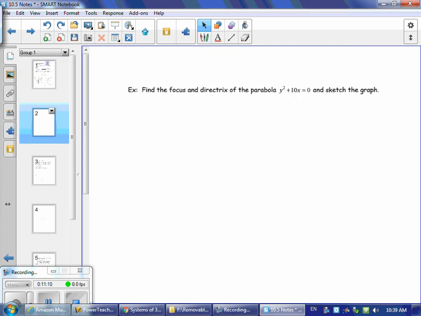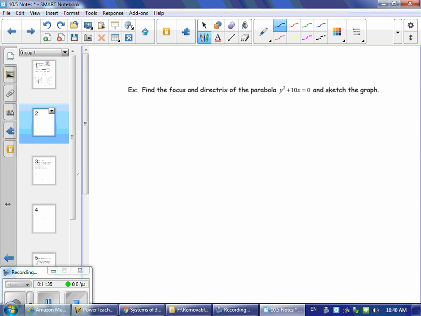All right, so what we want to do is find the focus and the directrix of the parabola, which is given to us as y squared plus 10x equals 0, and we want to sketch the graph. So the first thing we need to do is put this in a more familiar form. First of all, I see that the y is squared. That tells me automatically that I'm going to solve for x, and by that, I know I'm going to have a sideways parabola.